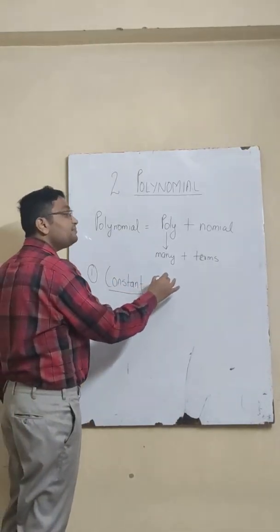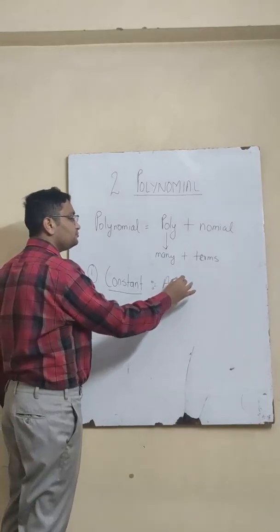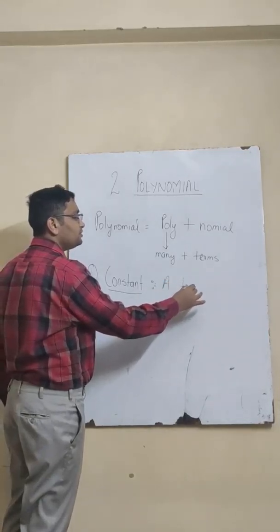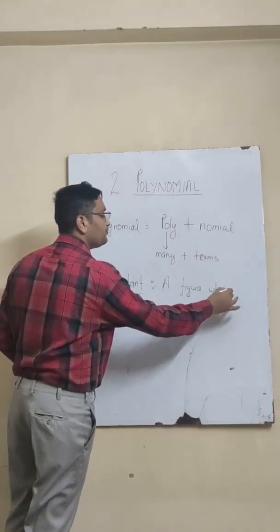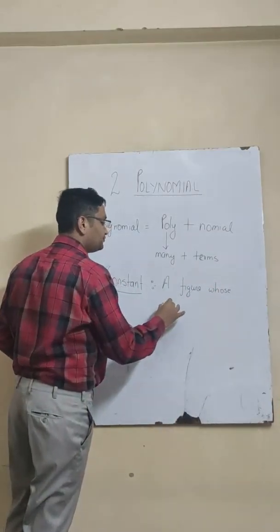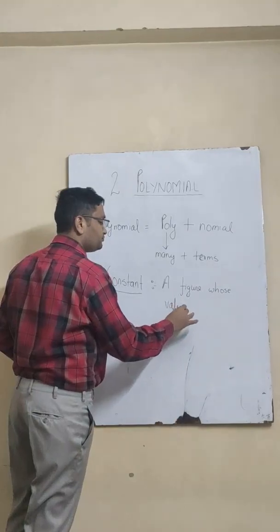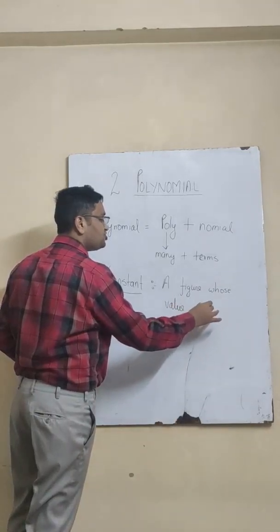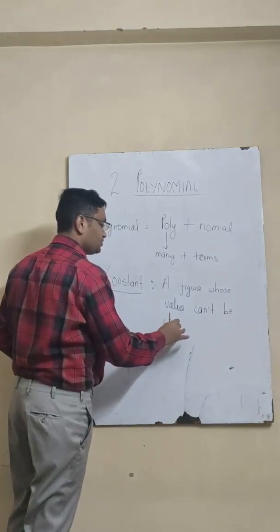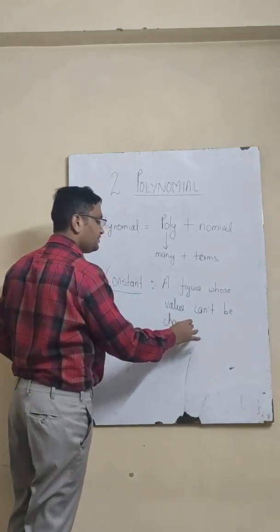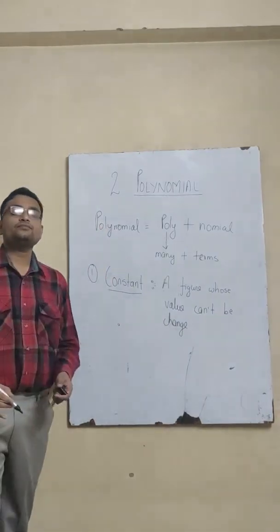Constant is basically a figure whose value can't be changed. Constant is such a figure whose value can't be changed.